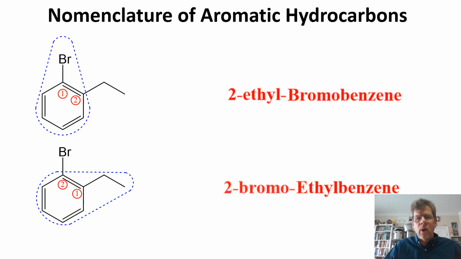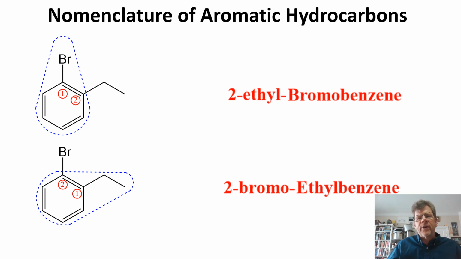So this would now be 2-bromo ethyl benzene. Which is it? Well, as a matter of fact, it's both. We have leeway here. This structure can be named 2-ethyl bromobenzene, or, if you like, 2-bromo ethylbenzene, both of which are absolutely a reasonable name for it. So we have options today when we're naming aromatic hydrocarbons.